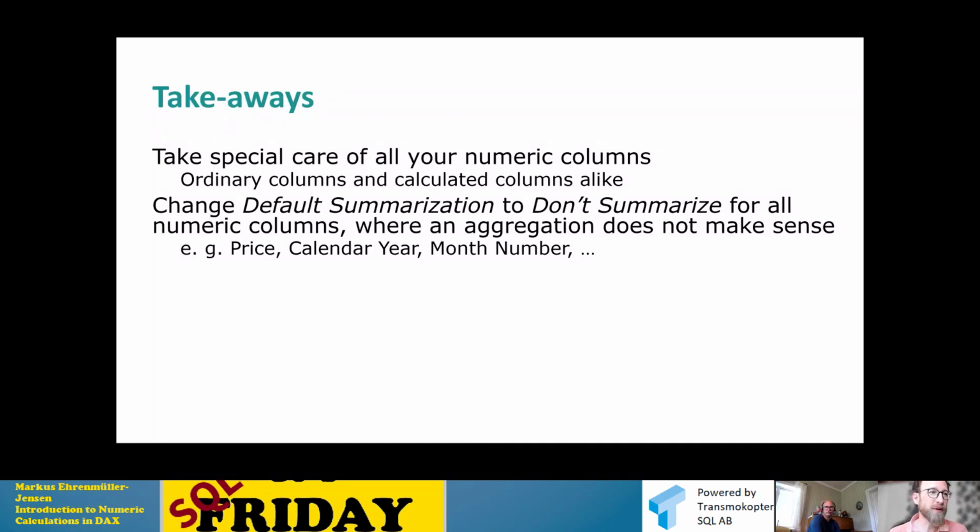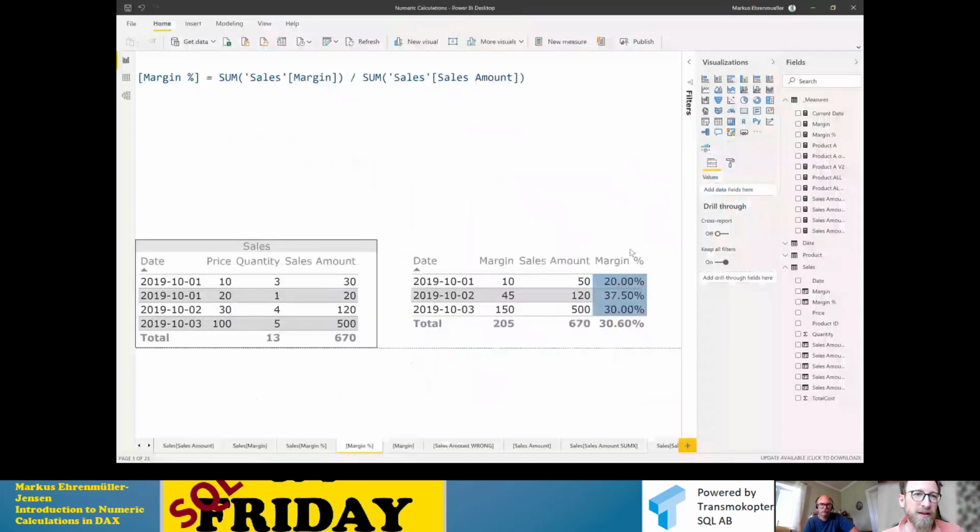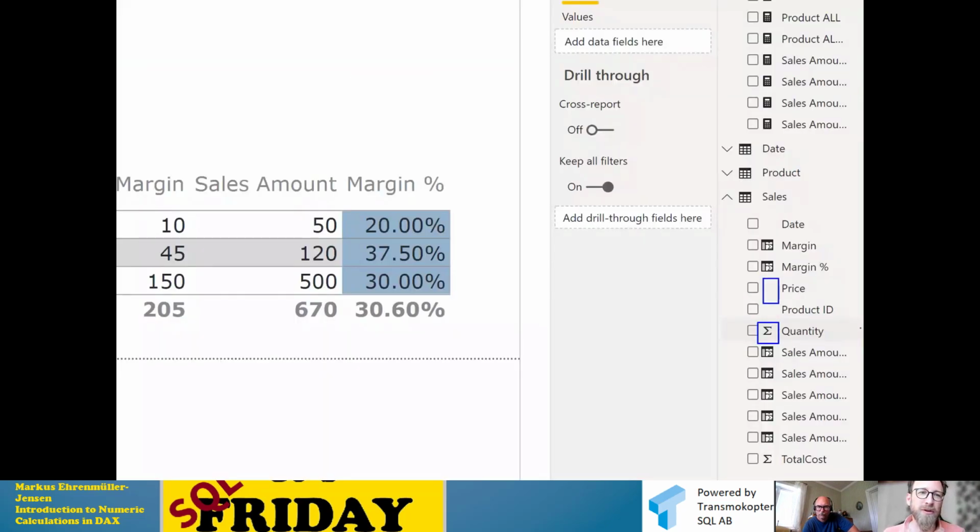For example, by default, the price or the calendar year, the month number, get a sum symbol, which means, if we go to Power BI, what I'm referring to, if there's this sum symbol here, it means there's a default summarization turned on. For this one, there's no default summarization turned on. And for the price and the calendar year, it should be empty.